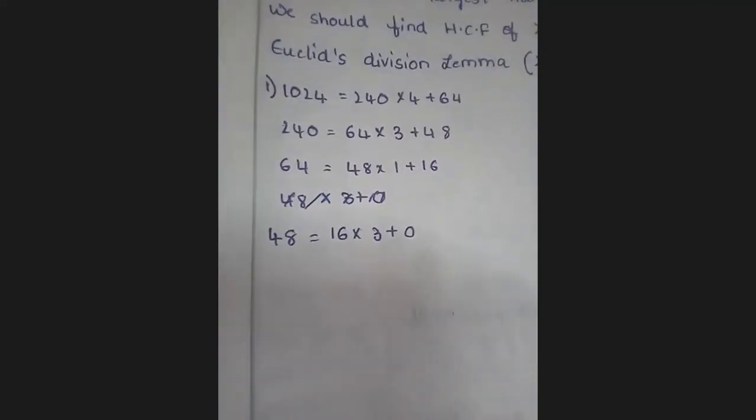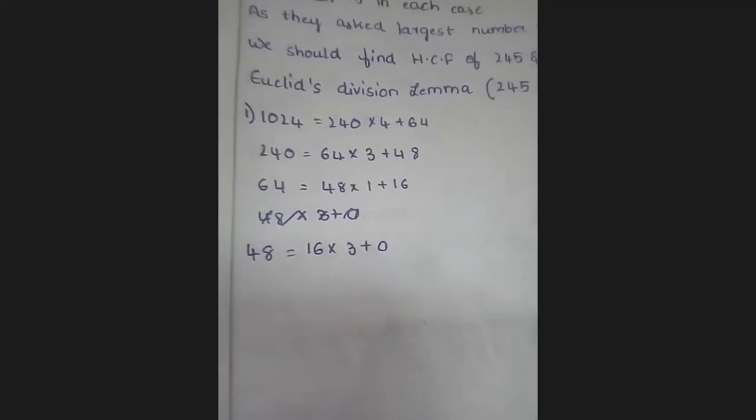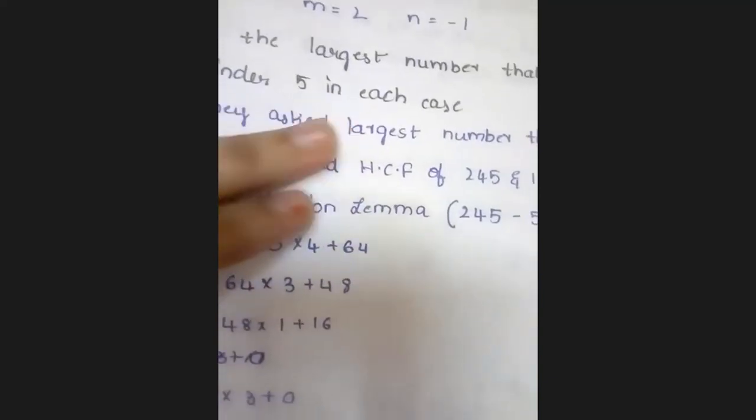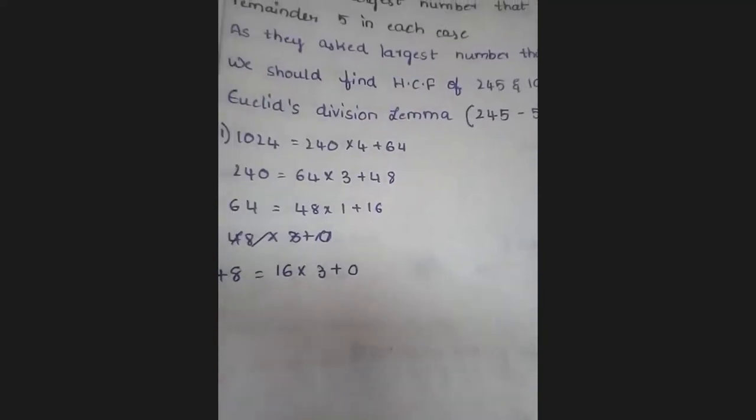Then next we should find its HCF by using Euclid's division lemma, sir. We will get 16. So why have you subtracted 5 from each of them? Because they have given leaving remainder 5, sir. So why should that be subtracted? Why can't it be added?